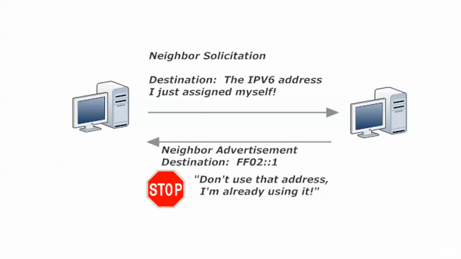It's just a double colon, and that's it. The destination is the version 6 address it just assigned itself. If the host hears back and hears an NA, it's going to say, hey, I can't use that address. And the destination of that NA is the all IP version 6 nodes address, FF02::1.